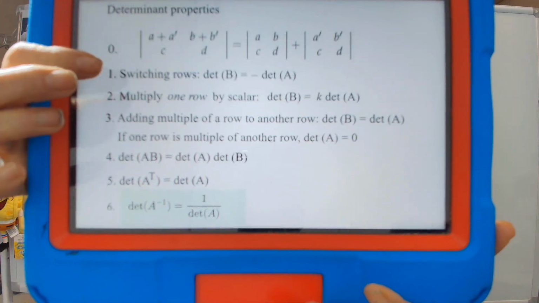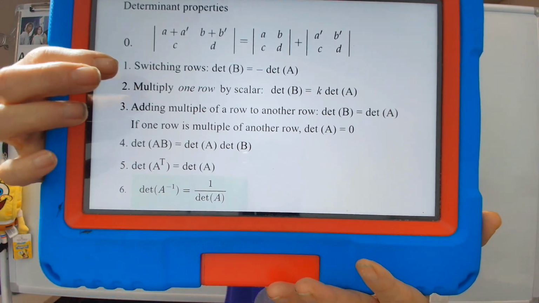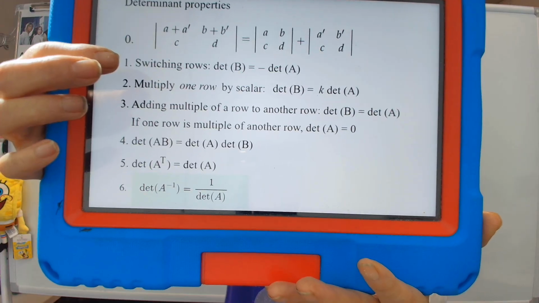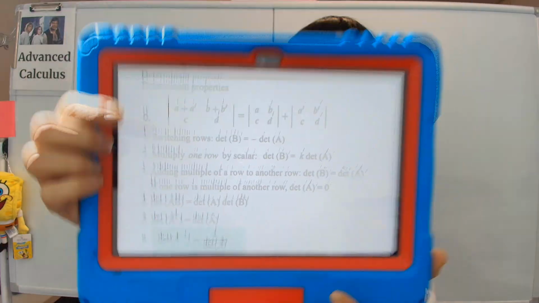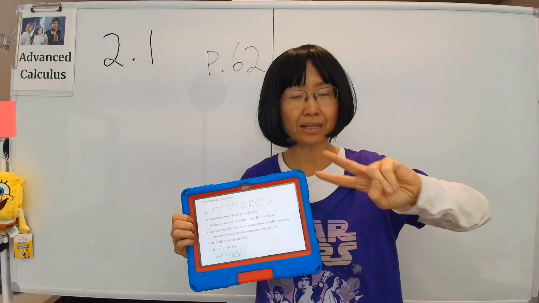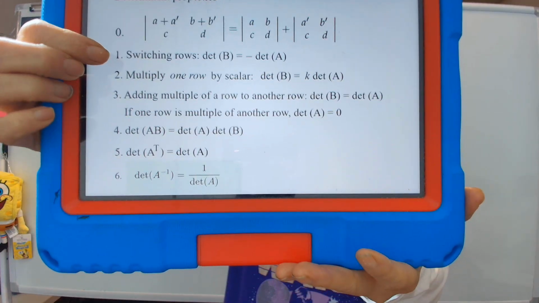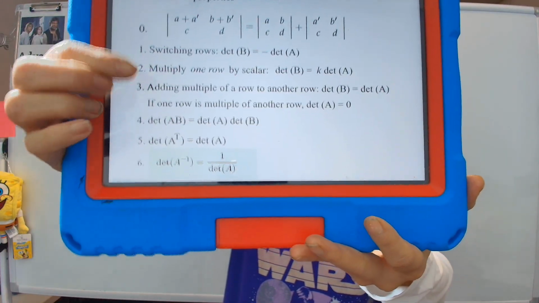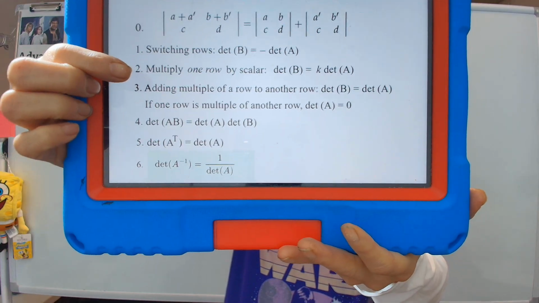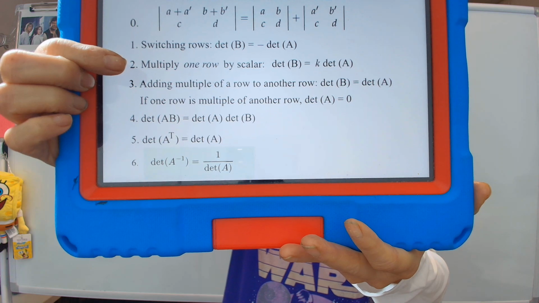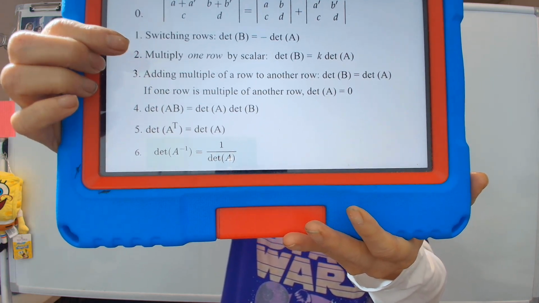Now the next thing we need, which we mentioned earlier: if you switch any two rows of the determinant, however big they are, one will become the negative of the other, okay? And next, if you multiply one row by some number, we had mentioned this earlier, then one row is enough for you to pull out that common factor, say k, and then the determinant will be k times that thing.